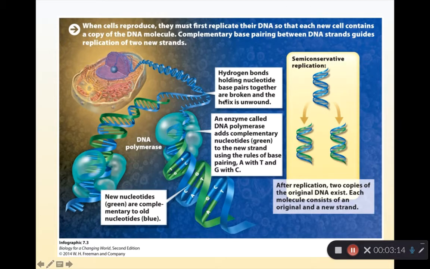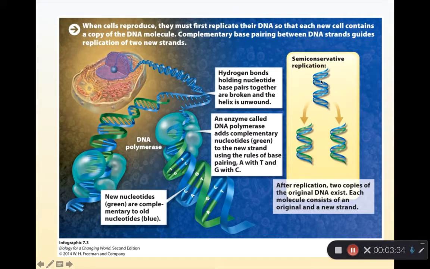So let's look at this picture from your book to understand how cells reproduce. When cells reproduce, they must first replicate their DNA, so that each of the new cells contains a copy of the original DNA molecule.